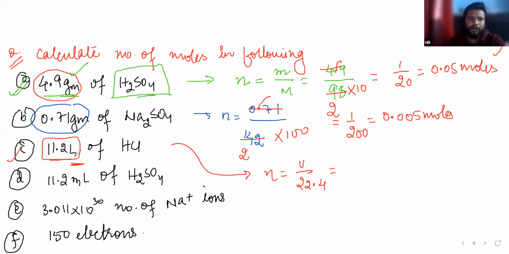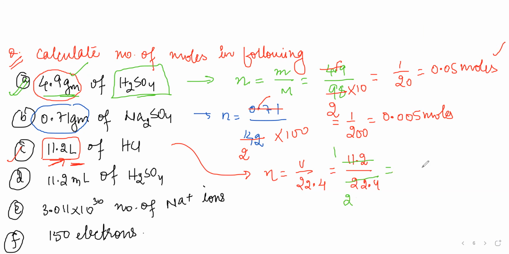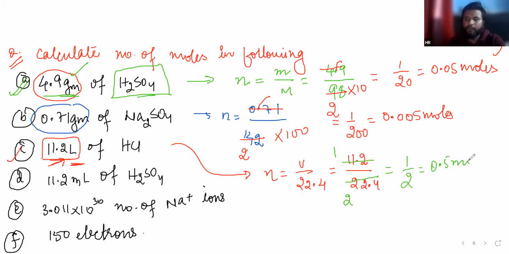The volume is already given in liter. So you just put 11.2 upon 22.4, and it will be half, equal to 0.5 moles.